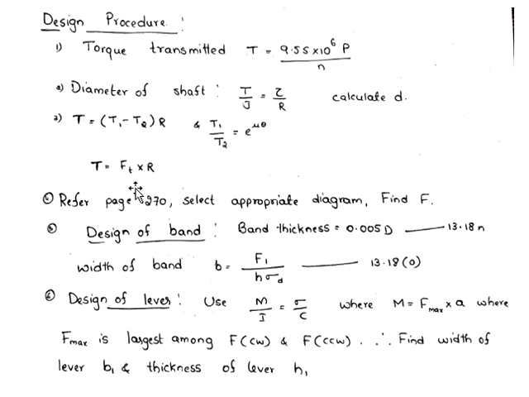In step number 3, you can use any one equation, either T is equal to T1 minus T2 into R or T1 by T2 is equal to e to the power mu theta, or else T is equal to Ft into R. You can use any one equation to find out T1 and T2. So depending on the given parameters, you have to select right equation. If angle of contact and mu is given, you can select equation T1 by T2 is equal to e to the power mu theta.